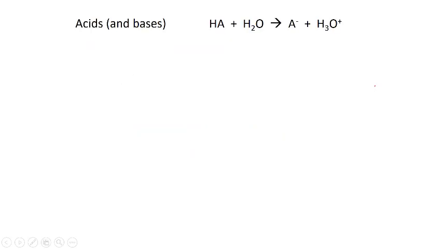All right, let's review acids and bases. We're going to only talk about the Bronsted-Lowry acids and bases. So Bronsted-Lowry acids and bases, an acid is an H+ donor. H+ we call a proton.